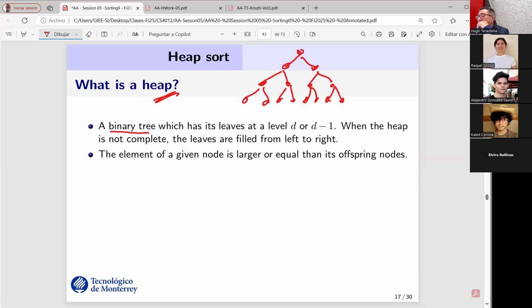So a heap is a structure where the leaves are at level D or D minus 1.